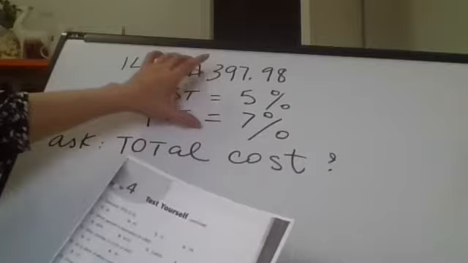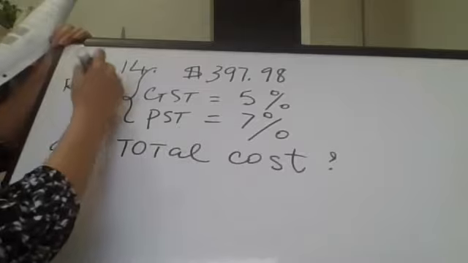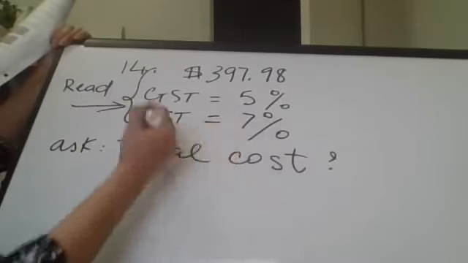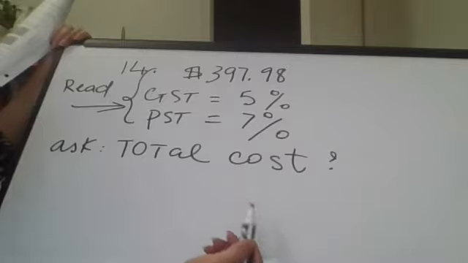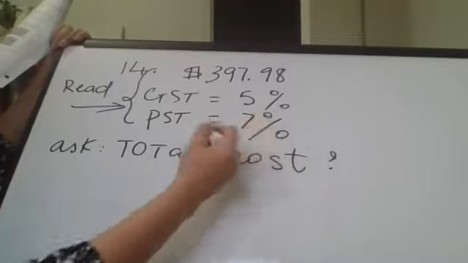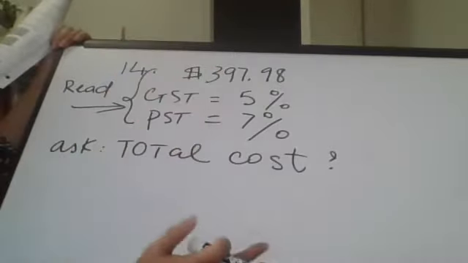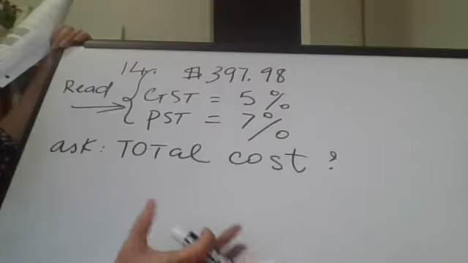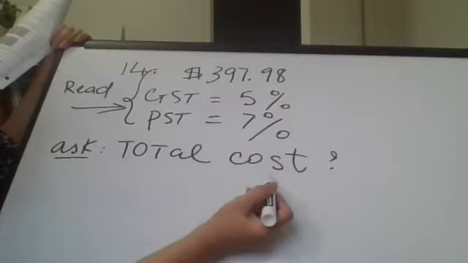All of this information comes from your reading. So when you read, make sure you know what they tell you. As I told you at the time, don't under-read it. Always read at least 3 times. Write down what they tell you, at least a few things, so that it gets into your mind which numbers you should use to solve the problem. And write out the question in short form: asks for total cost.